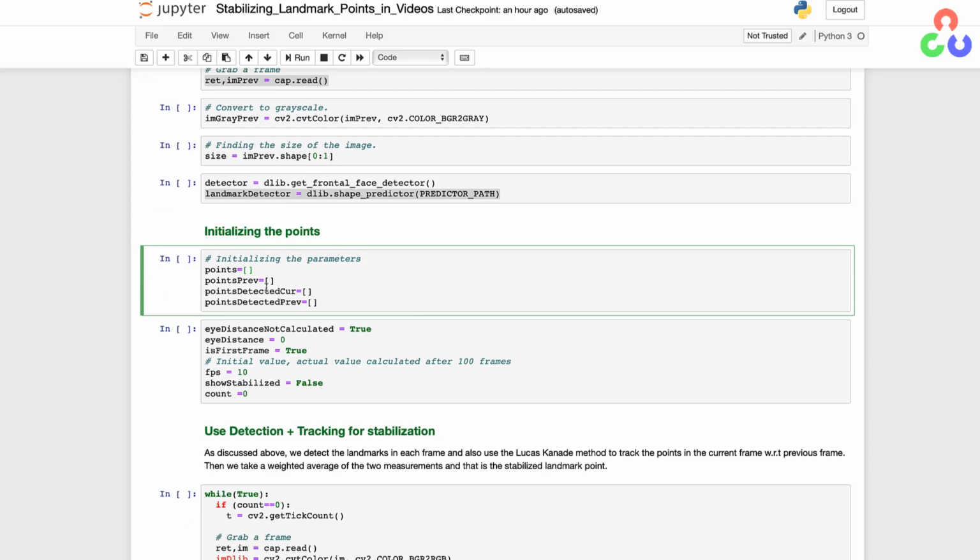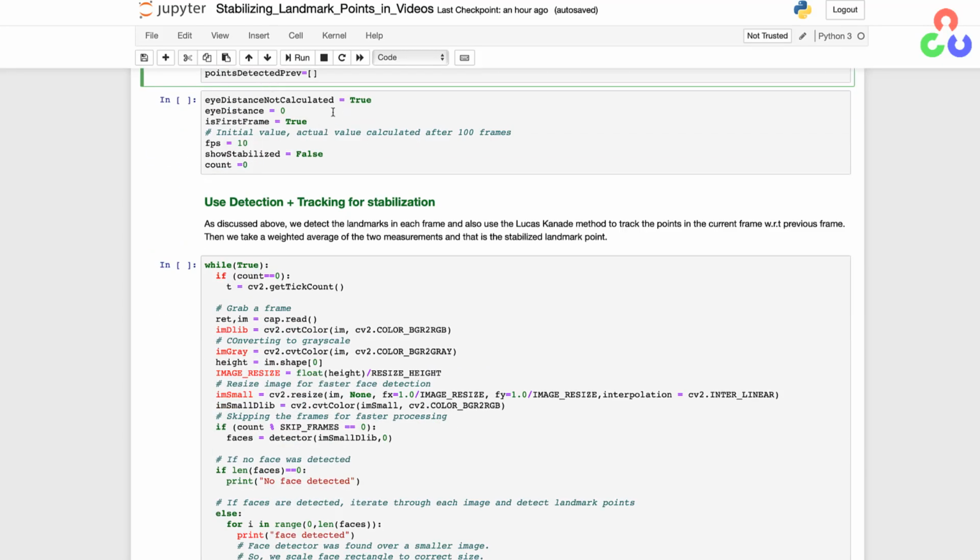And we have initialized some parameters here, the points, which is the points in the current frame, the points in the previous frame, and we have the detected points in the current frame and the detected points in the previous frame. These points would capture the points detected by the dlib facial landmark detector, and these would be the estimates that we finally have after stabilization.